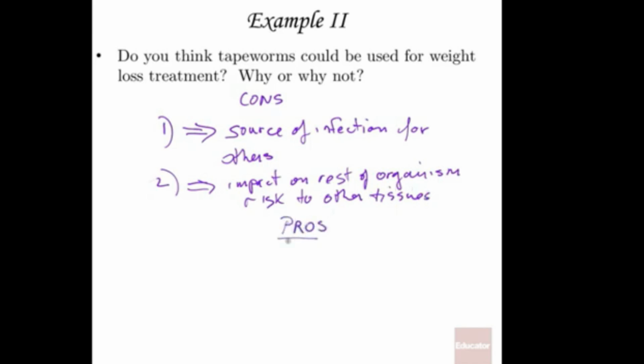There always needs to be some kind of pro, because often, if you ever get a question like this, it would mean that the professor is not interested so much in the notoriety of the question, but really, do you understand the mechanisms well enough to create some kind of comparison like this? So the pros would be potentially a weight loss treatment.